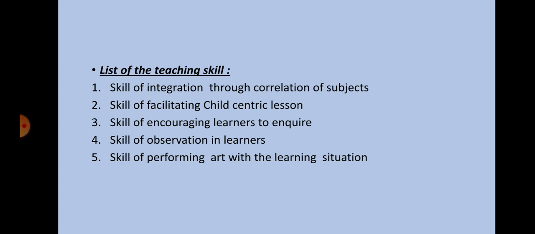Correlation is very important for learning, because we all know that it is now very high time to have integrated learning, right? Like soil. I'm giving an example: soil means mati, right? So soil is actually an English word, so the word is coming from the English subject.